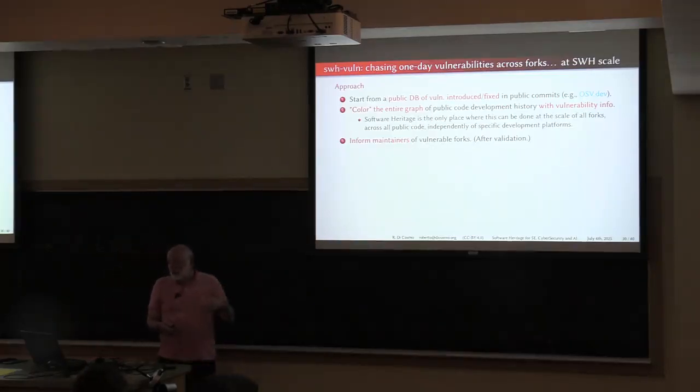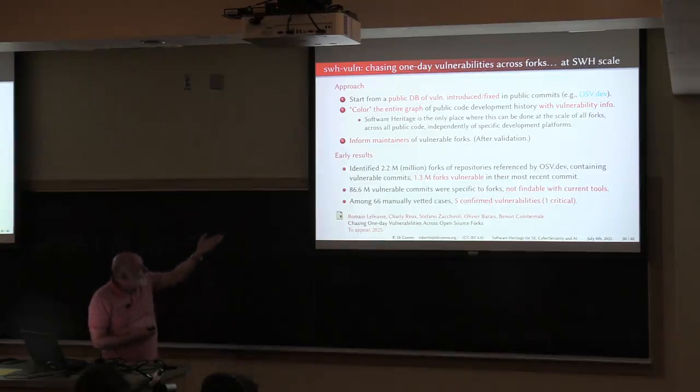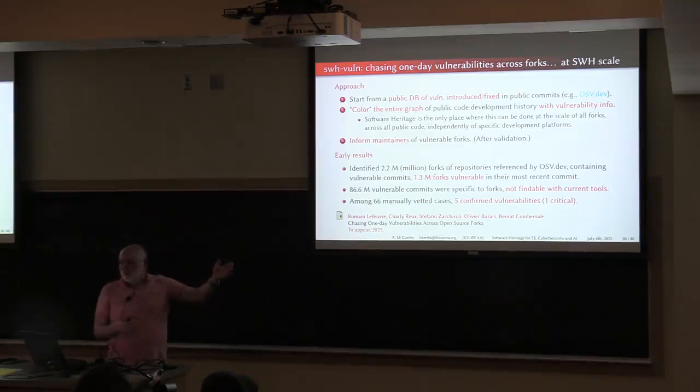And so what we did, I mean, actually what Stefano did, was to take the vulnerabilities and follow the graph completely and find all the other vulnerable things. So they identified 2 million forks potentially vulnerable, tens of millions of potentially vulnerable ones, a lot of them vulnerable in the last version, and we do not have the resources to check millions of repositories.